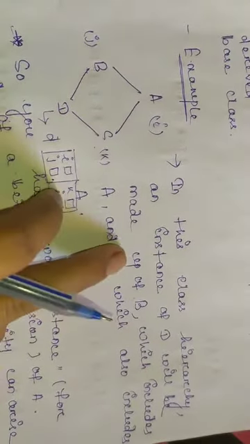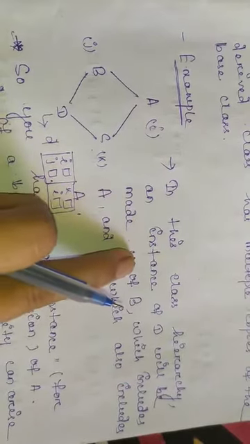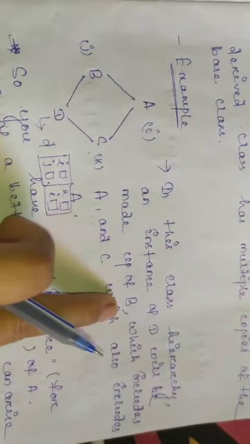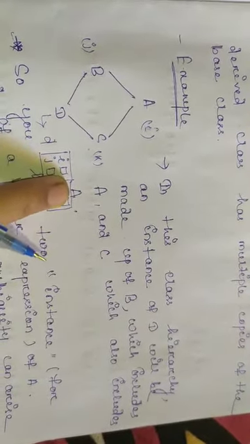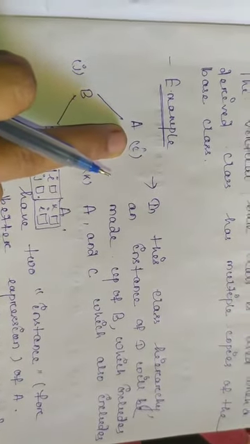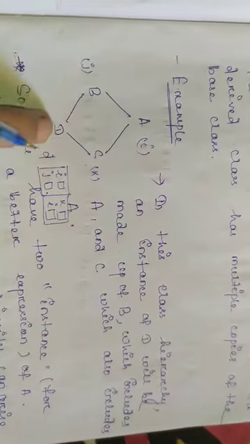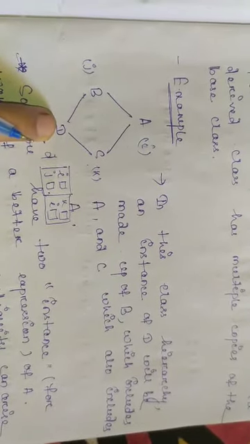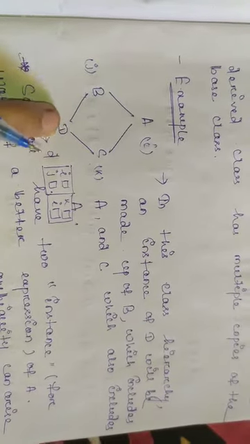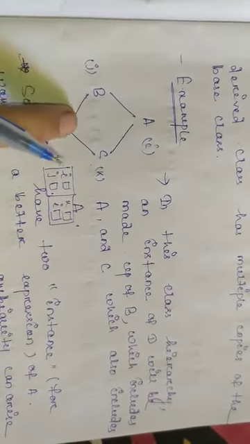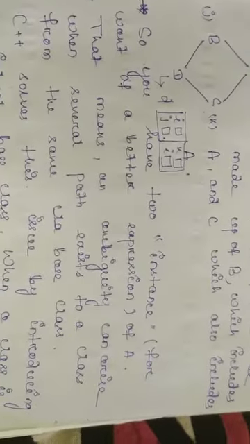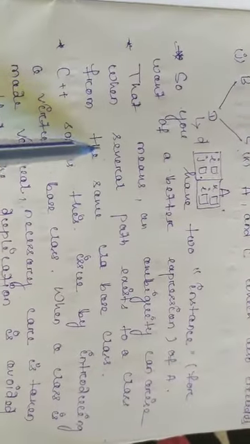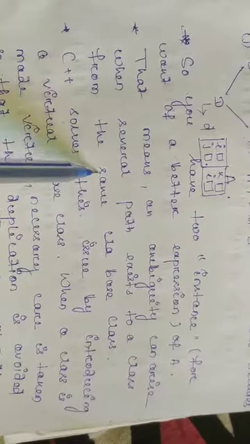So I have written here that in this class hierarchy, an instance of D will be made up of B, which includes A, and C, which also includes A. So the instances or the data members of A which come through D by using multiple paths, D will have multiple copies of the data members of A. That means an ambiguity can arise when several paths exist to a class from the same base class.